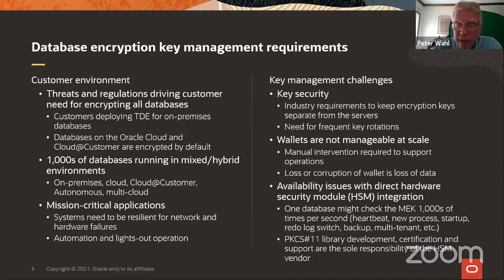So we certainly help you when you have problems or questions with OKV, but not with HSMs. They are no longer supported. When I came back to product management 3 years ago, one of my first duties was to remove any reference to HSM from the Oracle documentation, to make it clear that we no longer support them.